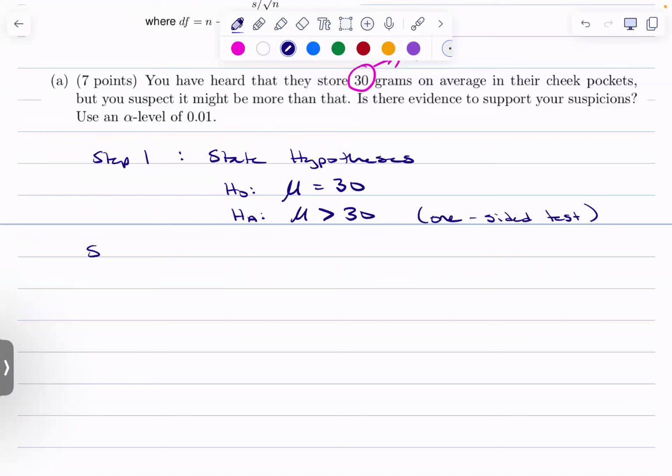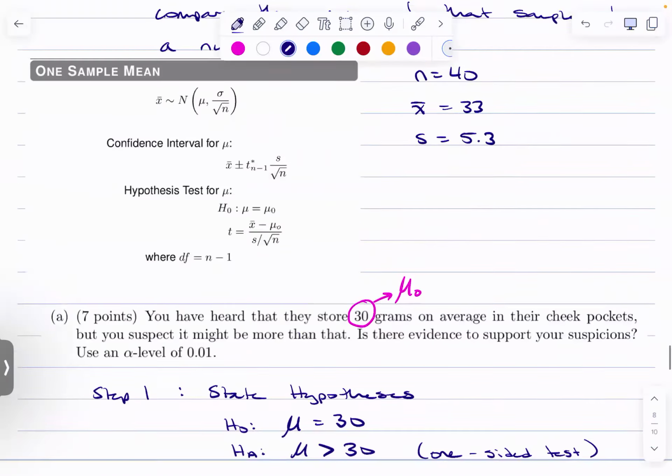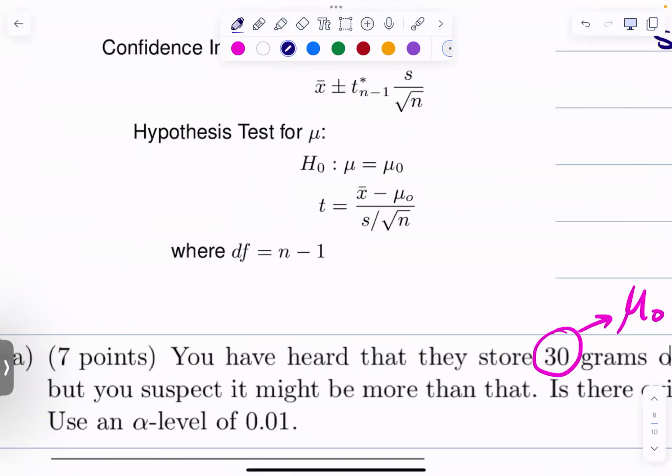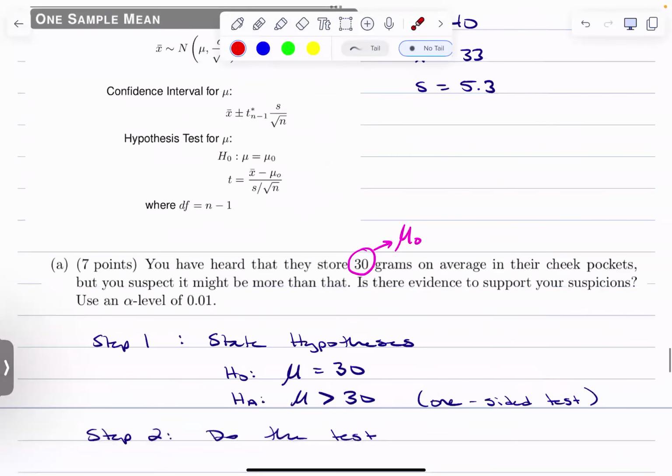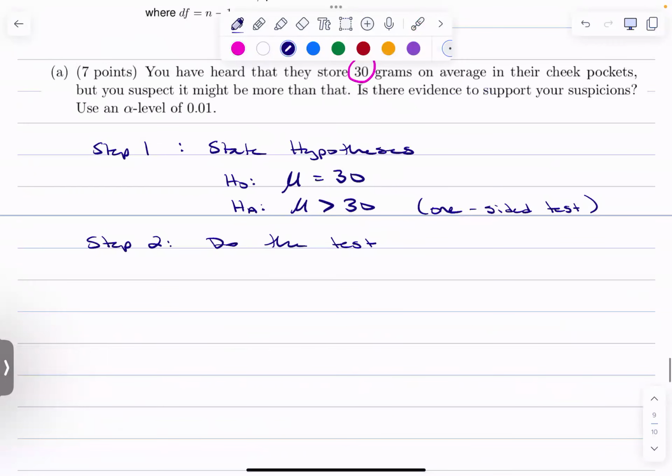Step 2. Do the test. Step 2 on your formula sheet is calculate the t, the test statistic, x bar minus mu naught over s over root n. And of course, our degrees of freedom is n minus 1.